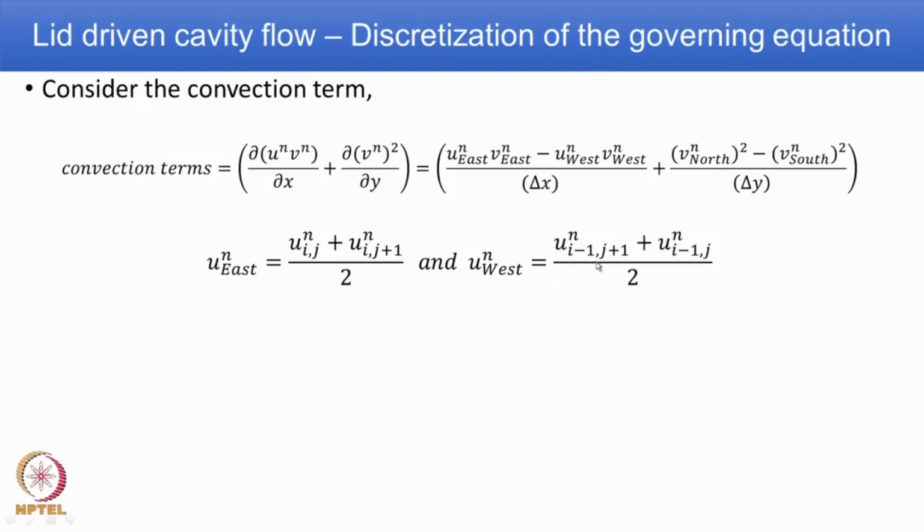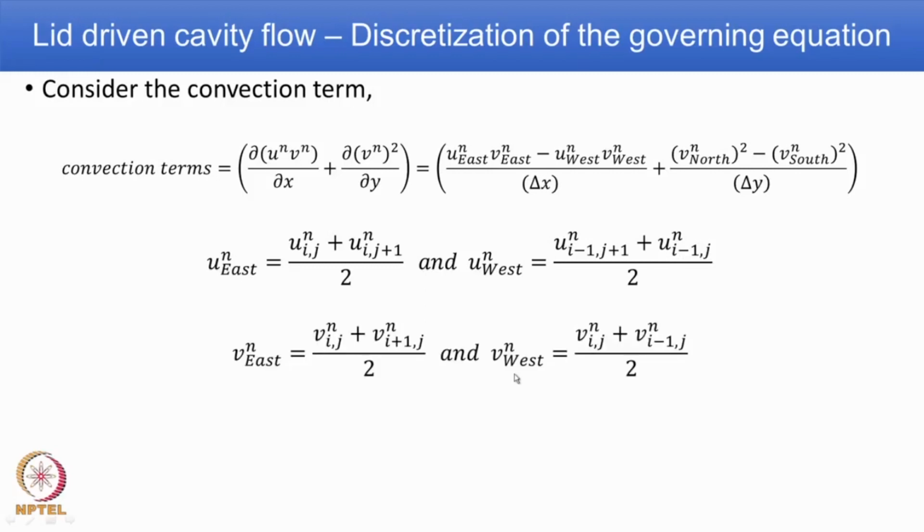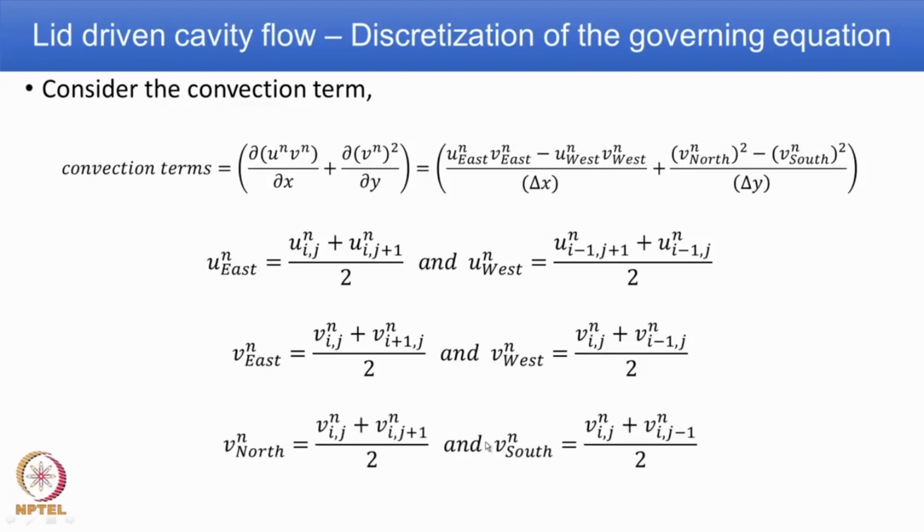Similarly, for the west, the corresponding index is I minus 1, so u I minus 1 j plus 1 and u at I minus 1 j, divided by 2. Similarly for V, V at east is evaluated by central differencing type of approximation, similarly for the other one, and also for north and south.